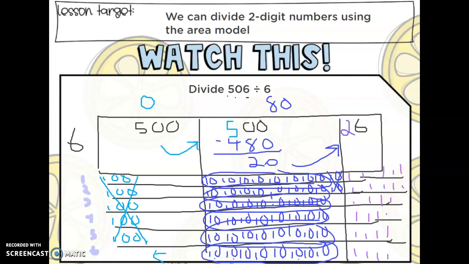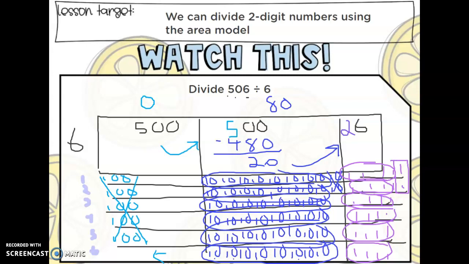So now I'm looking for what's equal in these rows. So I see here that I have 4, 4, 4, 4, 4, and 4. And I have these two right here that are left over.